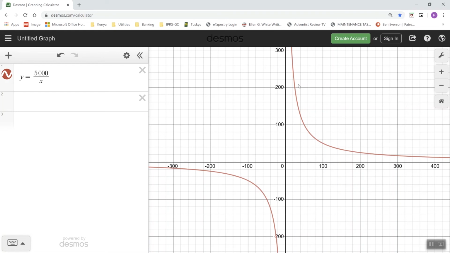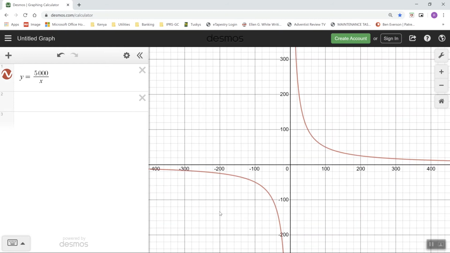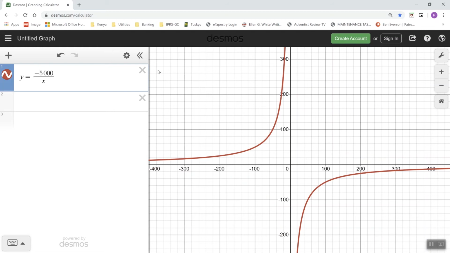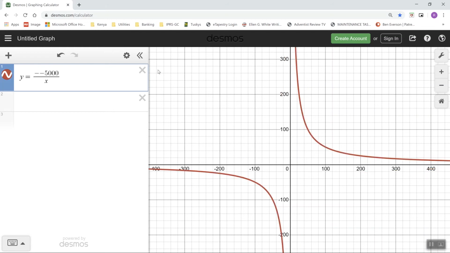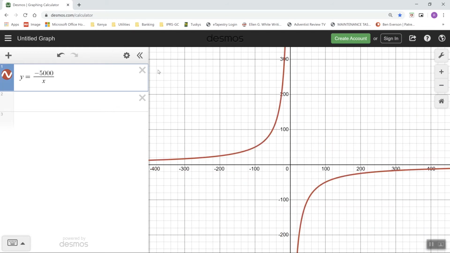If we reflect that across the x-axis, it's just going to flip down in this lower portion. It'll flip over. And this one that's on the left side, in the third quadrant, it's going to be flipped up into the second quadrant up here. So when I throw the minus sign in front, it gets reflected across the x-axis. So you can see how this works, okay?